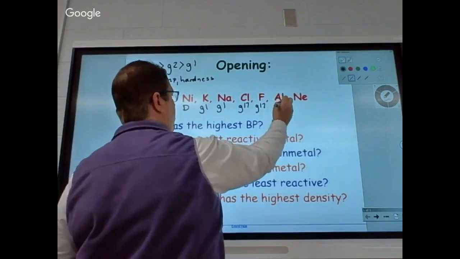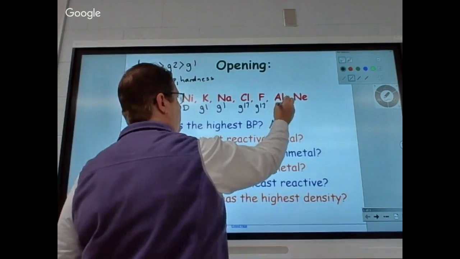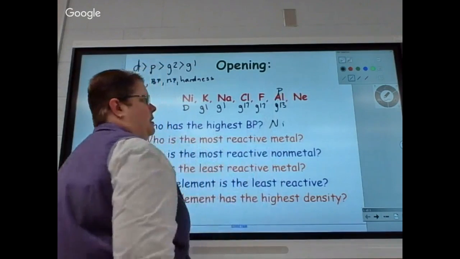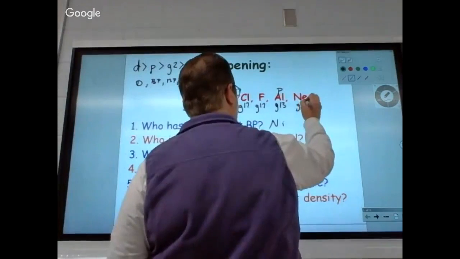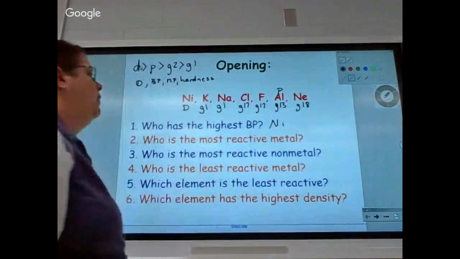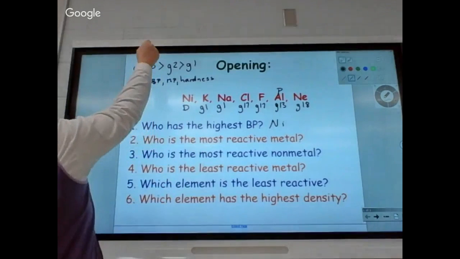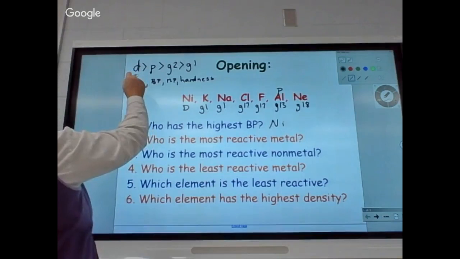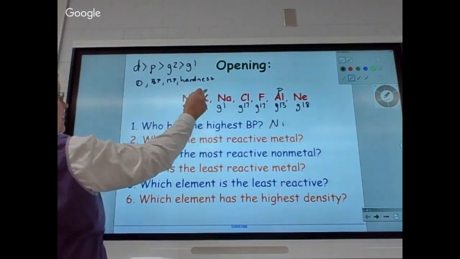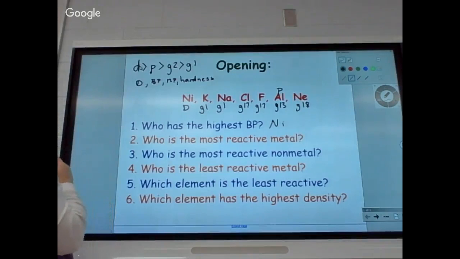Group 13, or we can also say the P block. And where is neon? Group 18. So if you said that boiling point is this trend, the highest is the D block. So which one of these is in the D block? Nickel. That's why the highest boiling point is nickel.